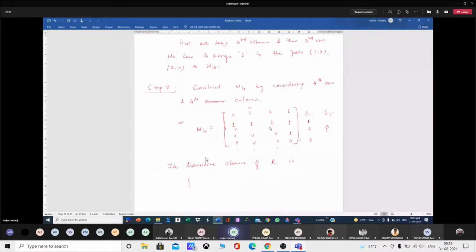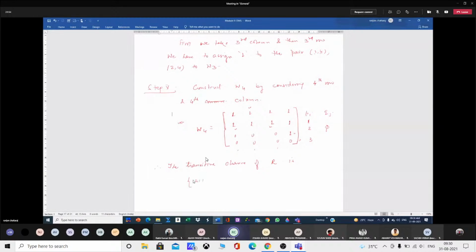Here we include 4. So what is the basic idea? The basic idea is: if these two exist, then this also exists. If these two exist, then this also exists. Okay, like this.